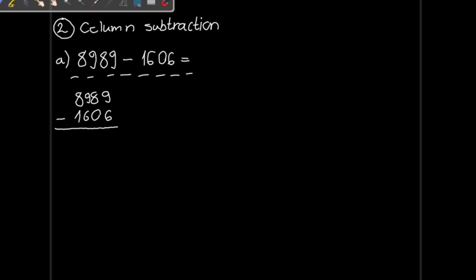So 9 minus 6 is 3. 8 minus 0 is 8. 9 minus 6 is 3. And 8 minus 1 is 7. And that's our result here. 7,383. Okay, good.